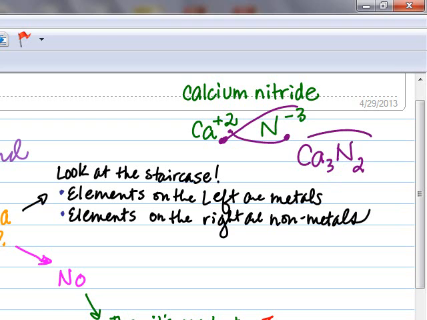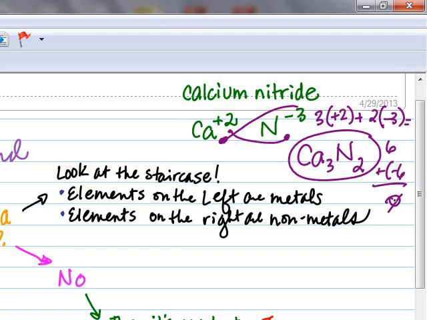Let's see if this compound has a neutral charge. 3 times a +2 plus 2 nitrides times a -3 charge each is going to equal 6 plus a -6, which of course equals 0. So our compound, calcium nitride, has the correct formula of Ca3N2.